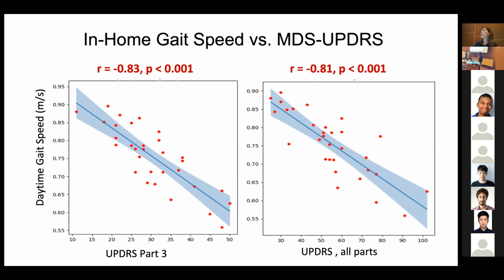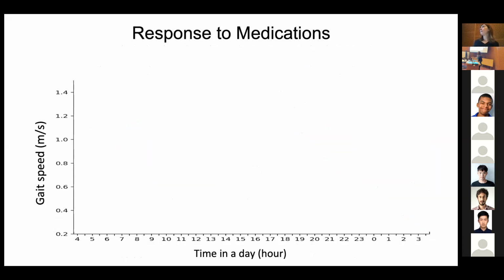You can see still very high correlation, and the p-value is small, saying these results are statistically meaningful. So not only do we give a new window to the patient's life, but we can also map this back to the gold standard in that disease.